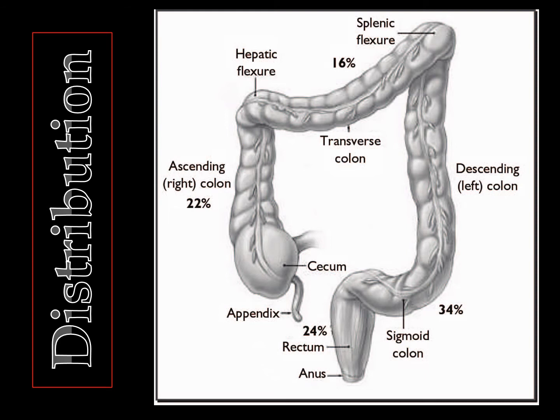The left-sided colon and rectum are mostly involved in this malignancy, and usually the malignancy is adenocarcinoma. So the left colon is mostly involved. Anyhow, it can occur in the cecum, in the ascending colon, in the transverse colon. It can also occur in the descending colon, and the highest incidence is seen in the sigmoid and the rectum areas.